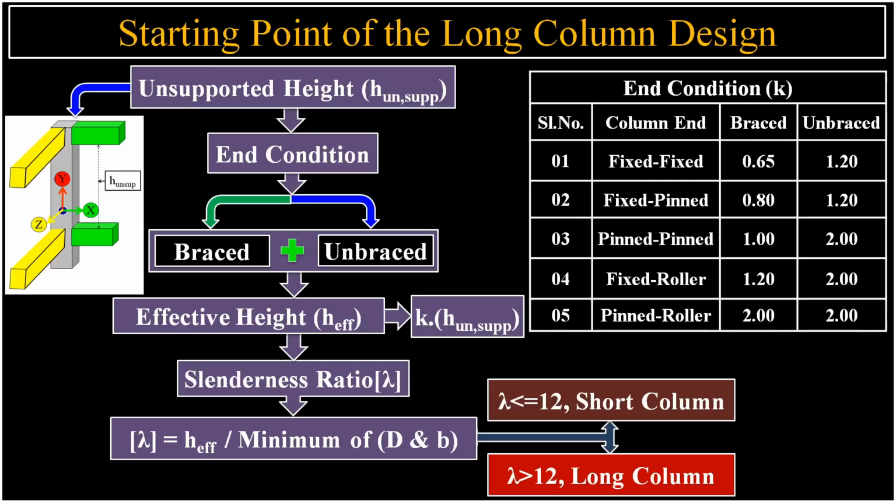This ratio is the slenderness ratio. Now, as per IS 456:2000, if the value of lambda is less than 12, the column is classified as a short column. Otherwise, the column will be classified as a long column. Now let's move to the next slide for more information.